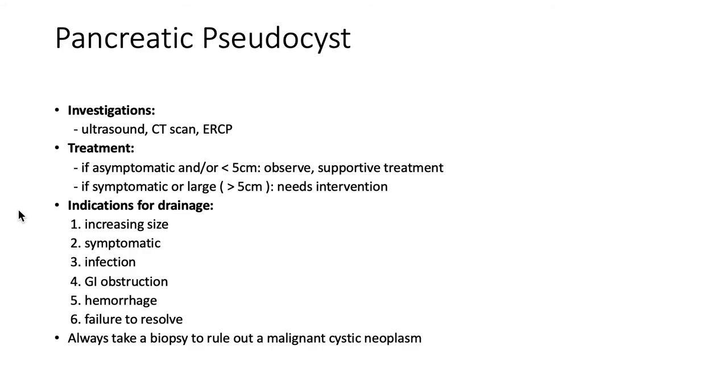These are the indications of drainage: if the pseudocysts are increasing in size, symptomatic, there is some sort of GI obstruction, etc., and the pseudocysts are associated with malignancy. So if there is endoscopy, then it has to be biopsied.